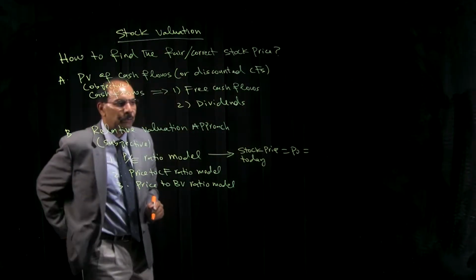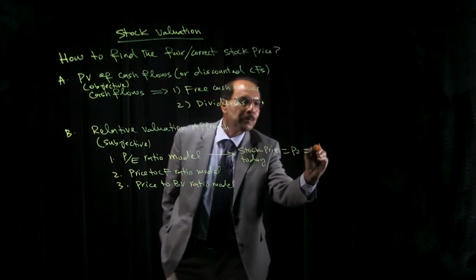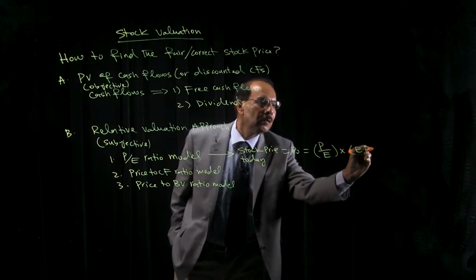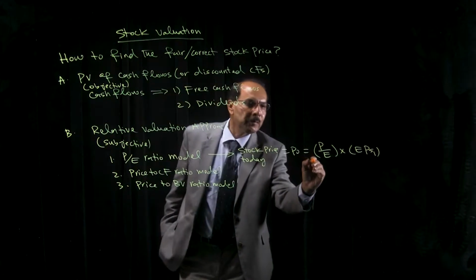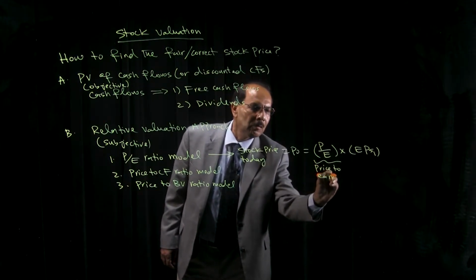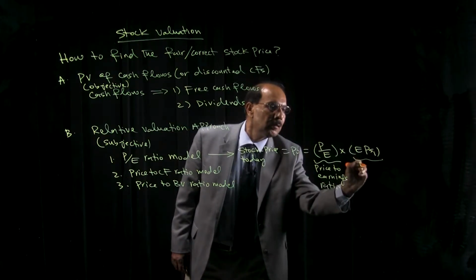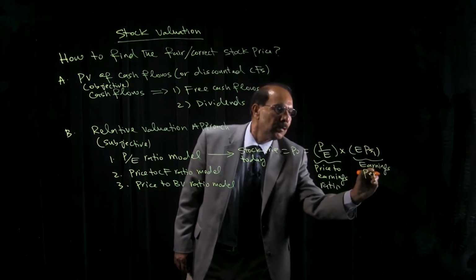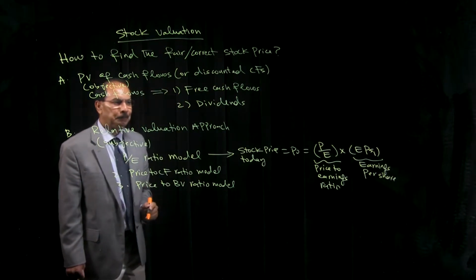So it says the stock price today, denoted as P sub 0, where 0 means the current time, we take the existing price to earning ratio, and then we multiply it by the earnings per share.